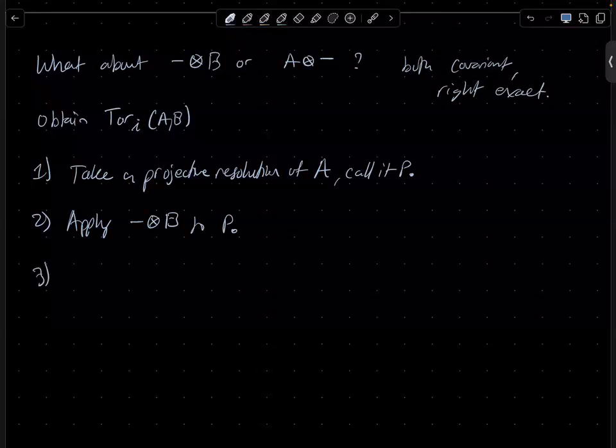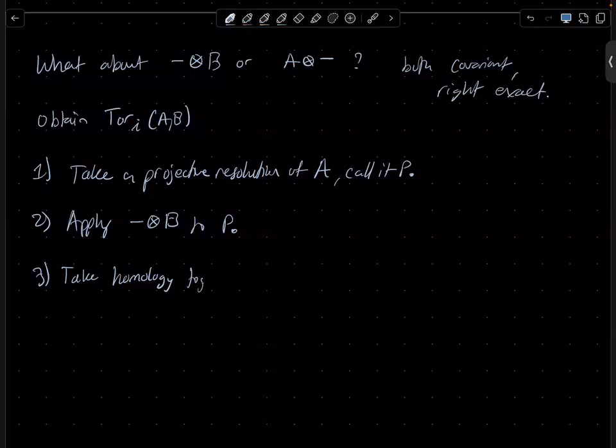And then, like before, we took cohomology, now we take homology because P bullet is a chain complex. These are covariant functors, so I guess the descendingness is preserved. So take homology. That's why in Tor the index i goes on the bottom, because it's supposed to be a homology, basically.